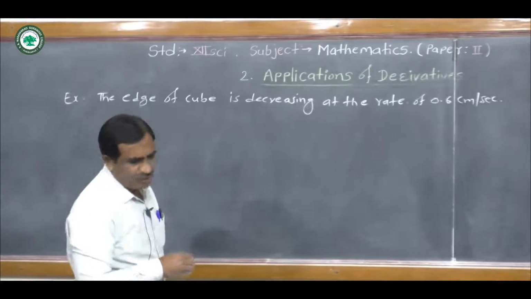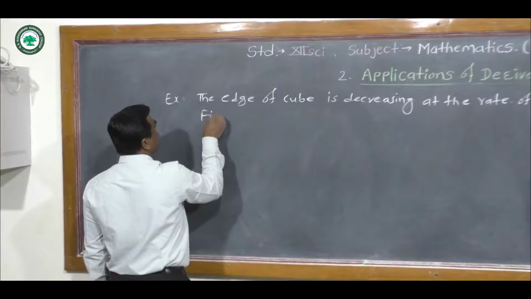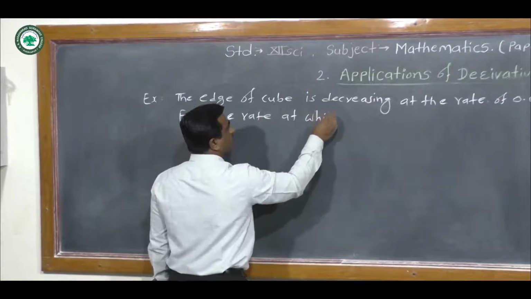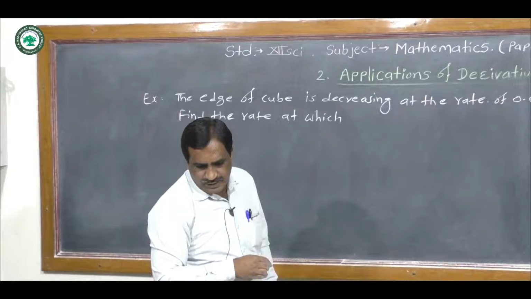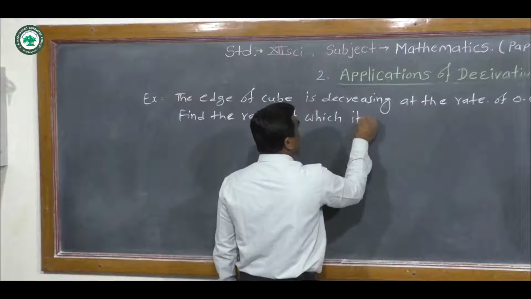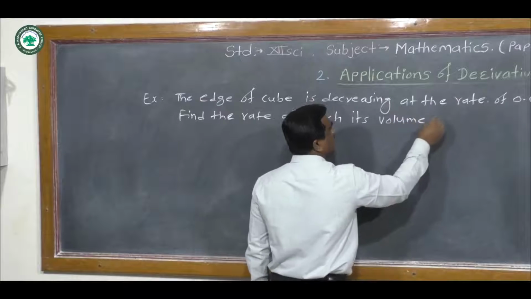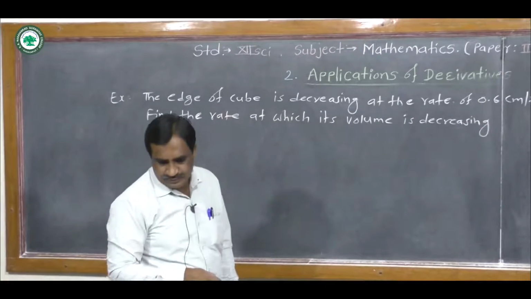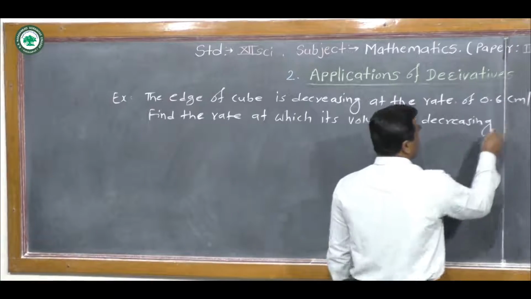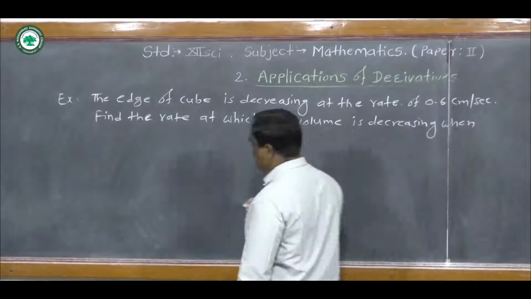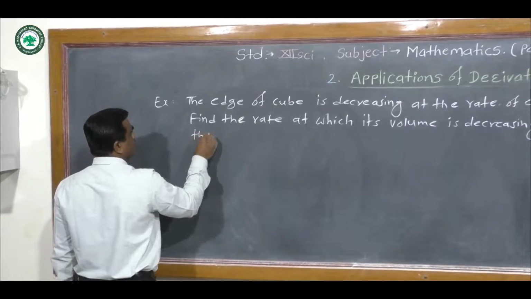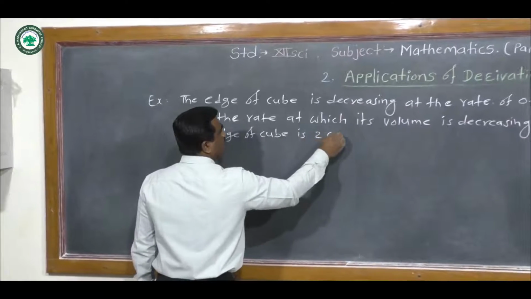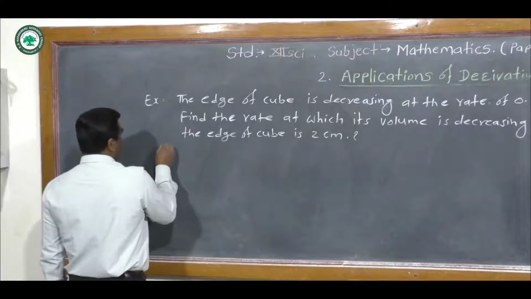Find the rate at which its volume is decreasing when the edge of the cube is 2 centimeters. Now we see the answer for this example.